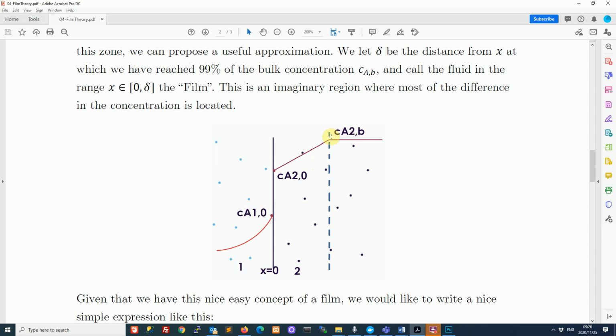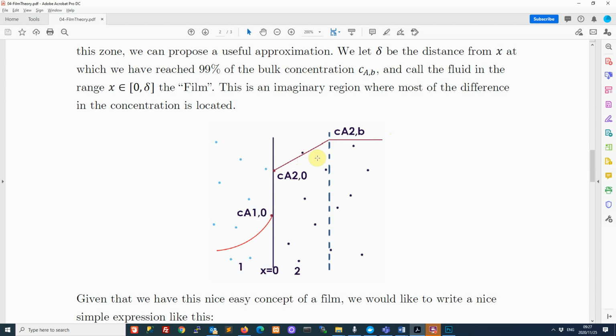In nature, there doesn't exist some imaginary interface where we say, oh, the concentration was varying linearly, and then it's the bulk value after that. So there doesn't exist a line like this in nature. This is just our proposal for where we think most of the difference occurs.